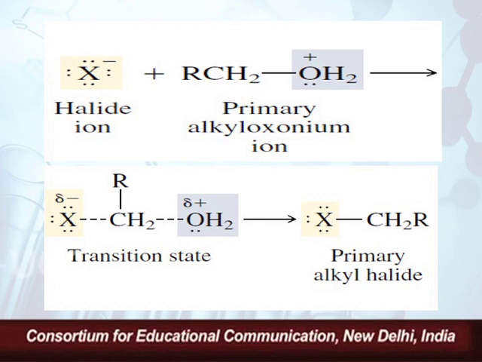So in the first step, as you can see on the screen, we've already shown that the first step has taken place and the primary alcohol has undergone protonation to form the primary alkyl oxonium ion. Now, the halide anion attacks the carbon which is bearing the OH group from the opposite side, and a transition state is formed in which there is partial bond formation between the halogen atom and the carbon, and the bond is being cleaved between the carbon and the oxygen atom.